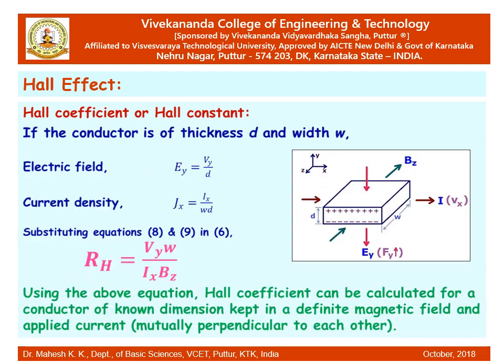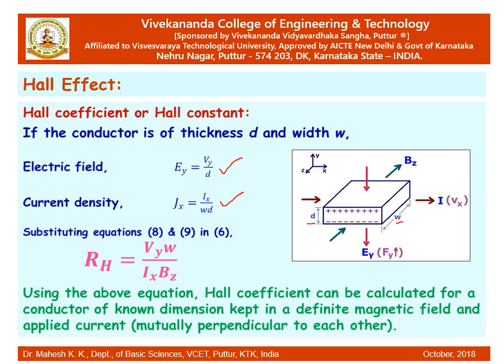Okay, now if you consider a conductor of thickness D and width W, let us say that electric field Ey is equal to Vy by D, and Jx is equal to Ix by W into D. W into D refers to the cross-sectional area.